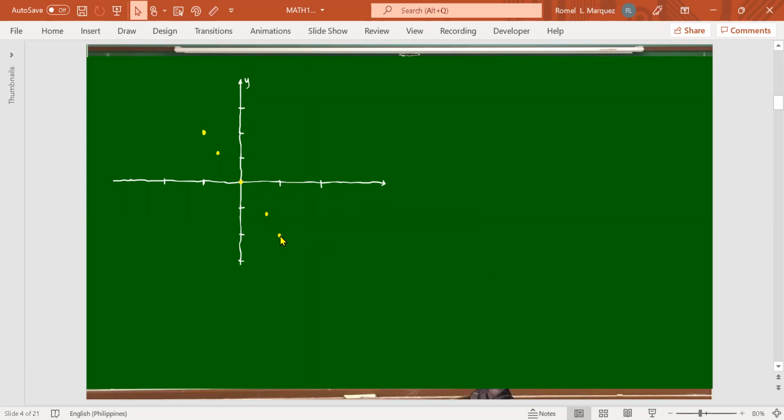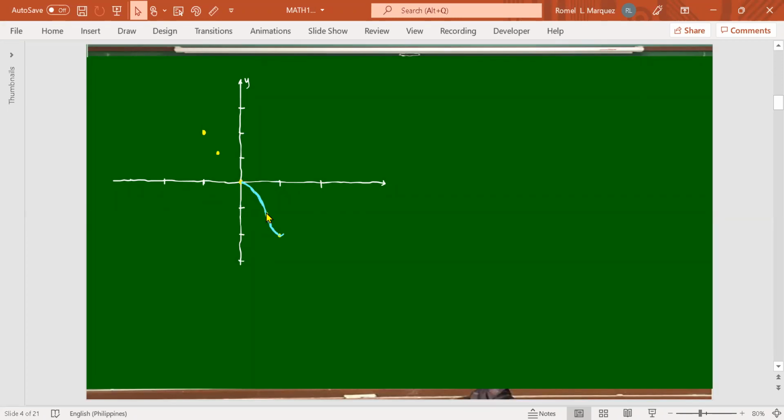So it means something like this, no? Okay, guys? Yeah. Point of inflection. So concave up dito. Tapos dito, concave down. So that's how it behaves.